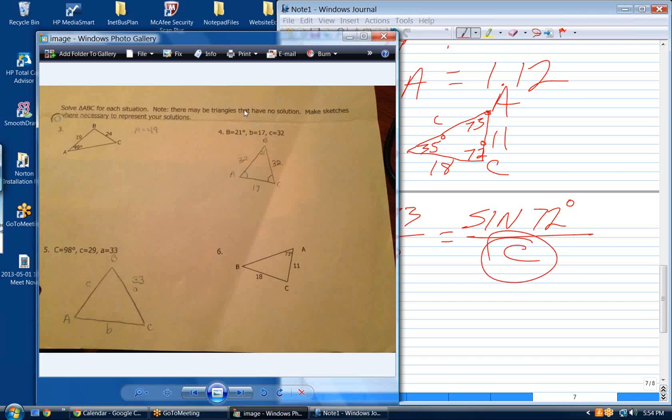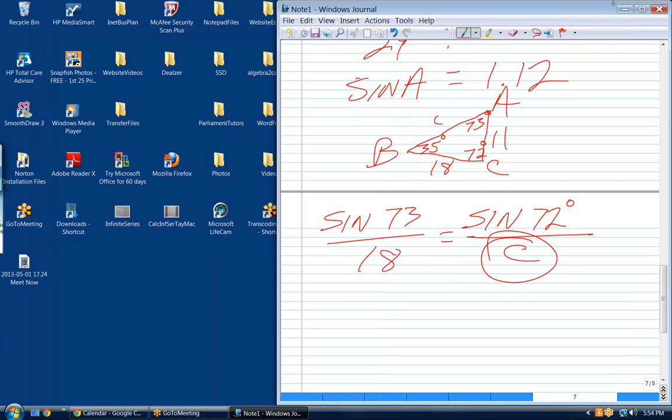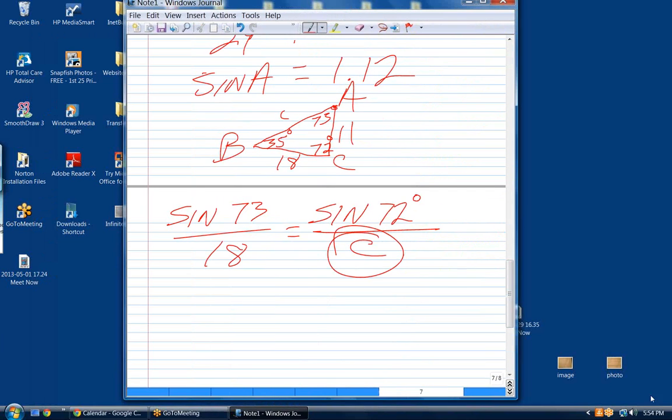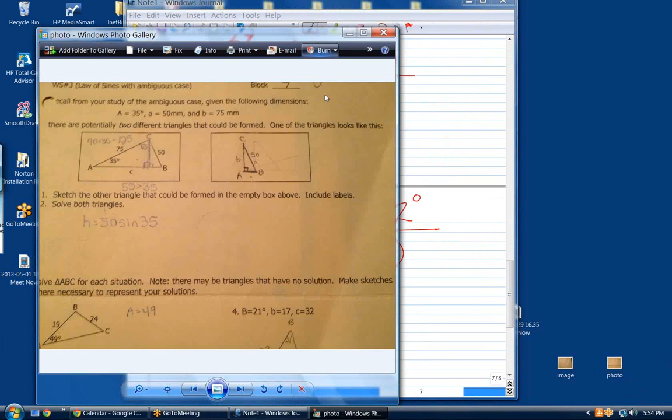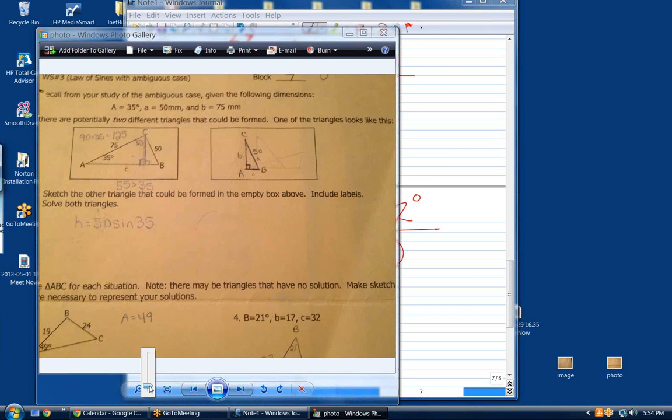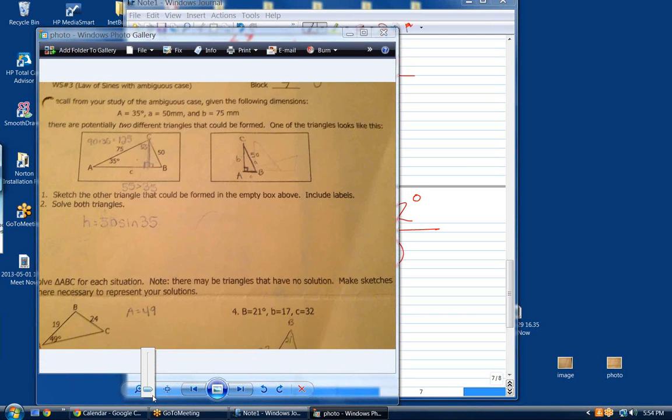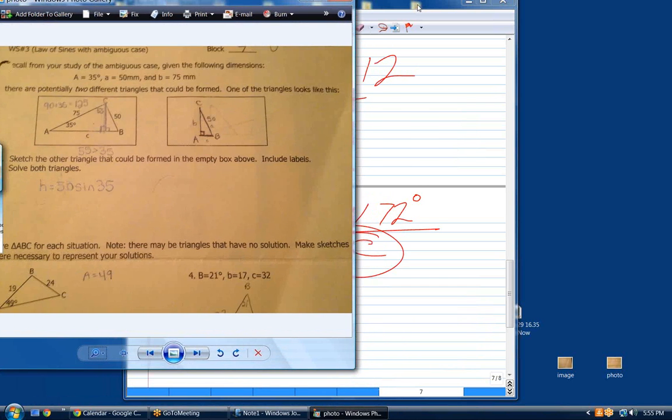Let me open up this other one, the one that says photo. Have you had law of cosines? Yeah. 0.95.